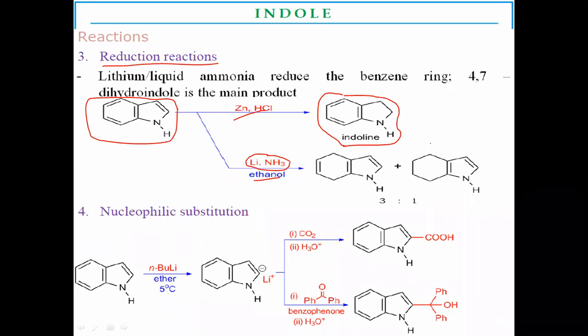Which type of tetrahydro? 4,5,6,7-tetrahydroindole. These were formed in the proportion of 3 to 1 if liquid ammonia is used for the reduction.